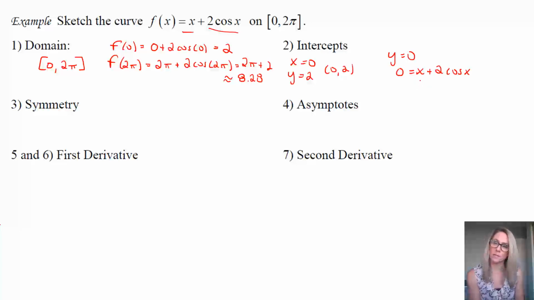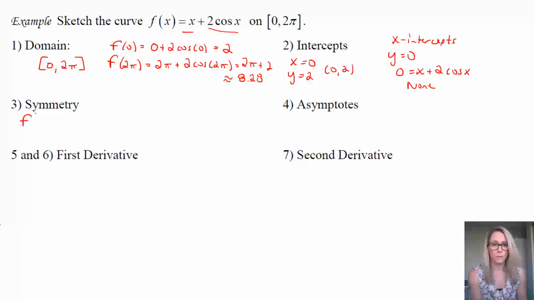But in this case, there's not going to be any place where this x piece and this 2 cosine x piece are exactly opposite, giving us 0. And so we don't have any x-intercepts. So we just have a y-intercept here. This function is going to stay in the first quadrant as we graph it, and we'll see that more as we continue on.